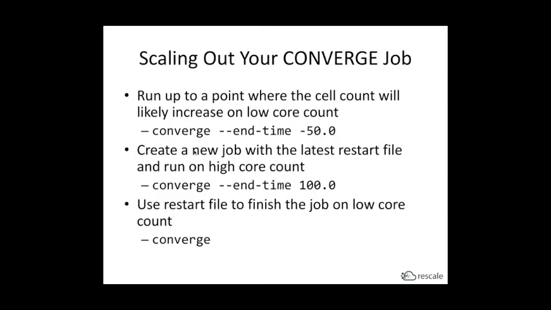This runs the high cell count part of our job on more cores. Finally, we repeat the same with the restart file from the last job, only this time we run the job to completion, and we run it again on a lower number of cores.